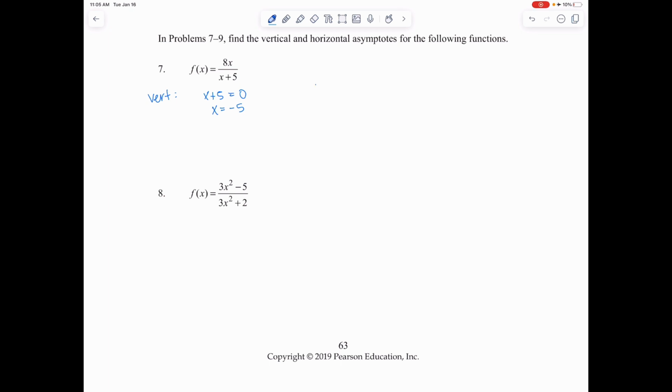For our horizontal, we find the limit as it goes to infinity, because think about what's happening horizontally.